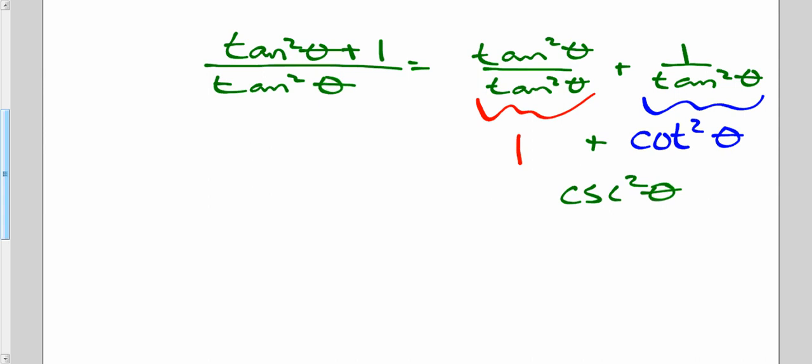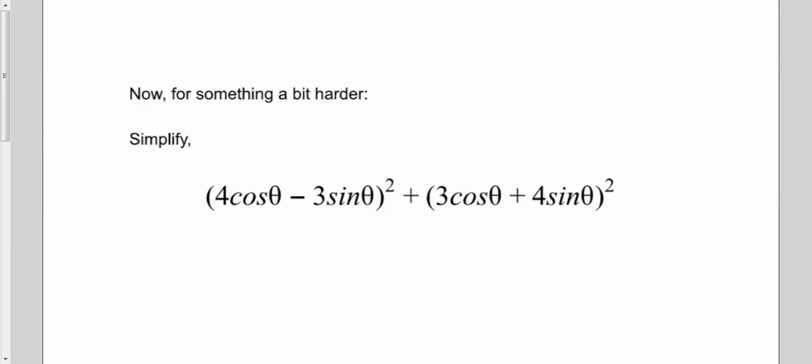The goal is to simplify it as much as possible, so that we can make sense of the relationship better. Does that make sense? As far as the why? Now, we're going to try something a bit harder.